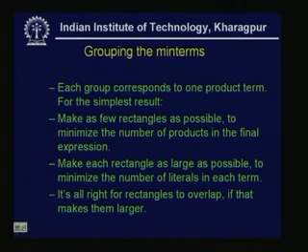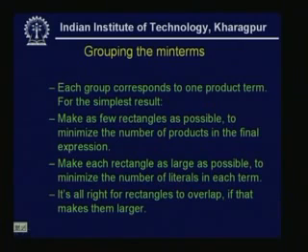Already we have seen that for 3 variables, if we make a group of 2 adjacent min terms, then it reduces to a term having 2 literals.